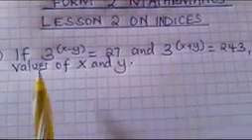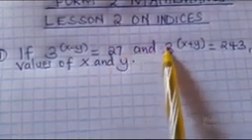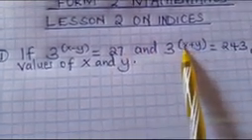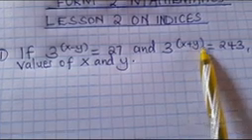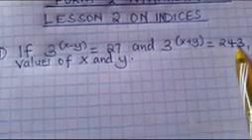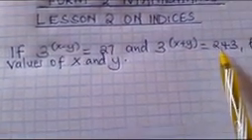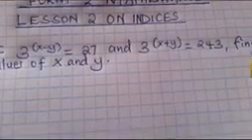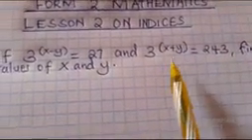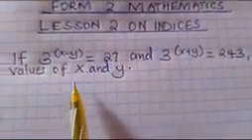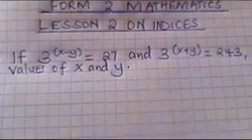I repeat, the first part is 3 power x minus y equals 27. The second part is 3 power x plus y equals 243. Then the question is saying find the values of x and y.